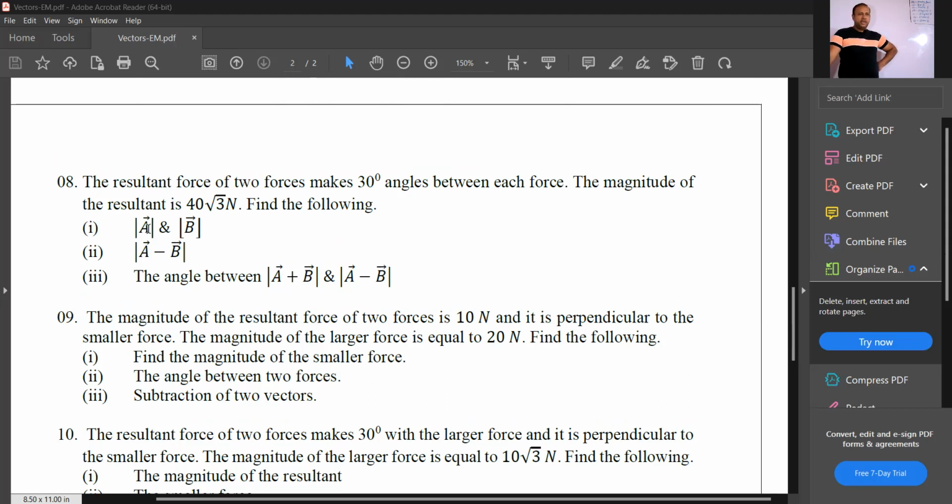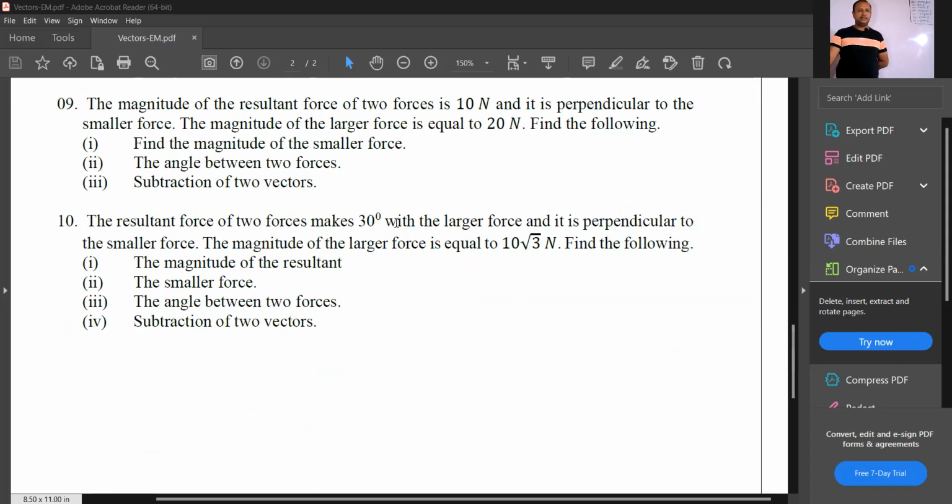The magnitude of A and magnitude of B means the sides of the parallelogram. Magnitude of A minus B means the length of the other diagonal. The angle between A plus B and A minus B means the angle between two diagonals. Those are some geometrical things.